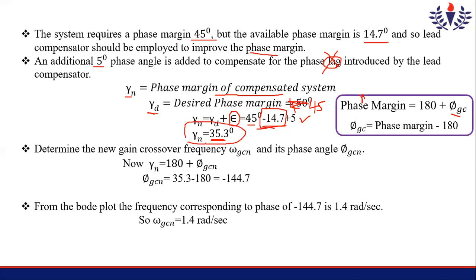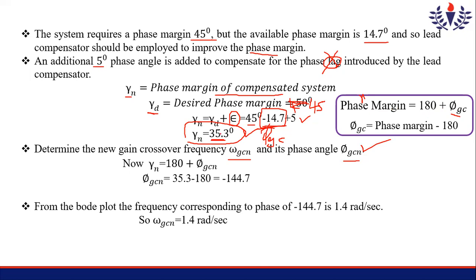If gamma n is the phase margin, we need to cross check what the phase angle at the gain crossover frequency is, phi gcn, and what the frequency omega gcn is. We already know the phase margin is 180 plus phi gc.